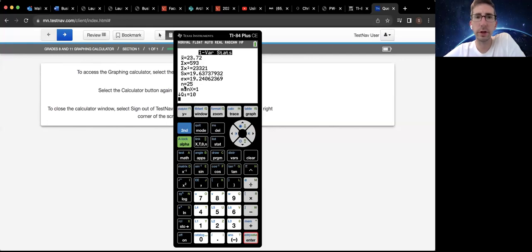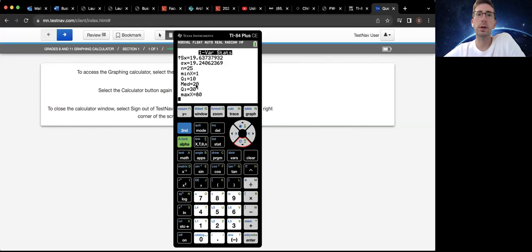It gives us little n, which is our sample size. And that was equal to 25. We had 25 data points. And then right below that, these next 5 items are our 5-number summary. It gives us the min, right? So the smallest value in our data set was 1. It gives us the Q1, the first quartile, which is 10.